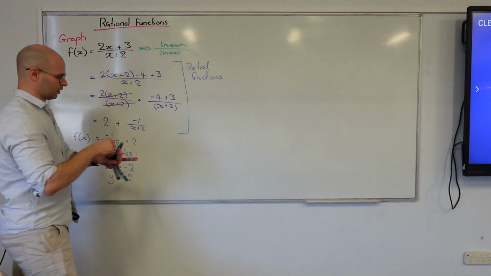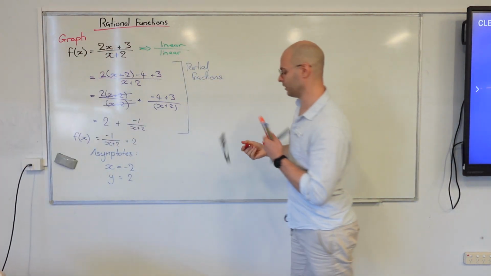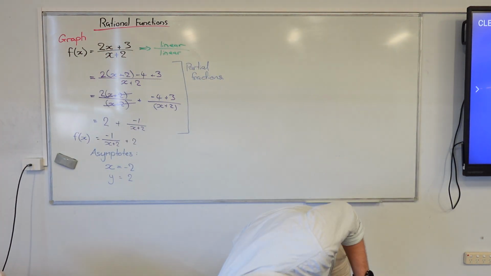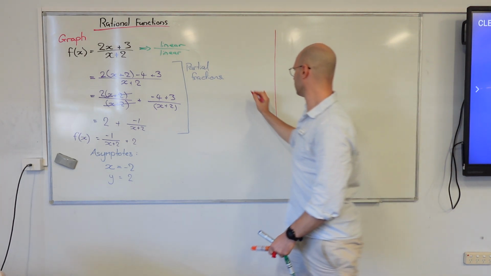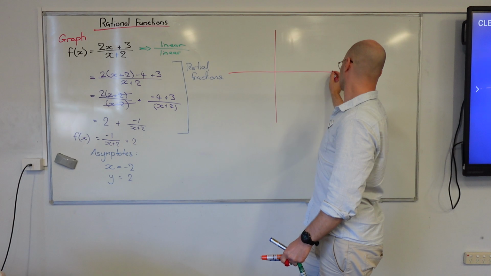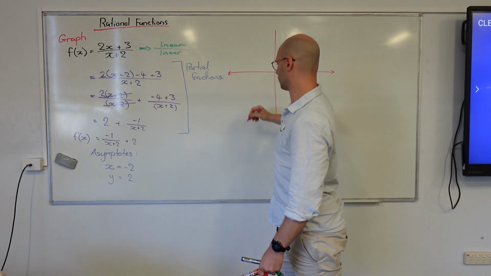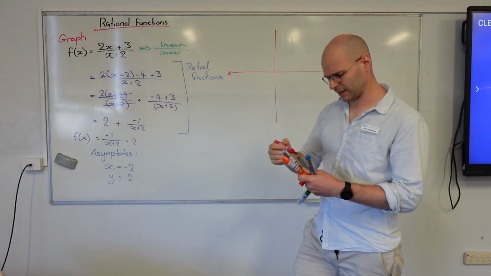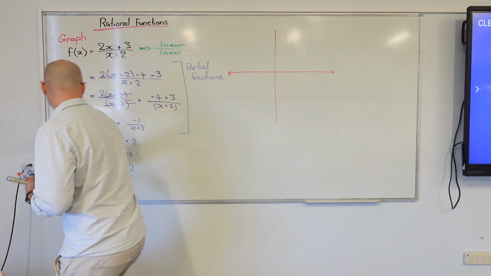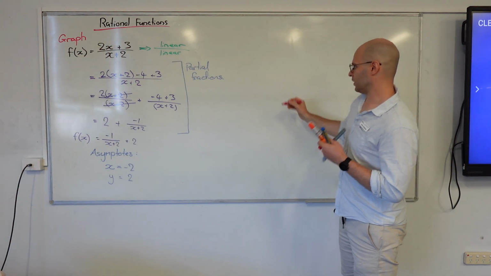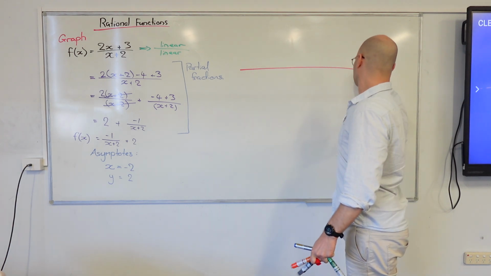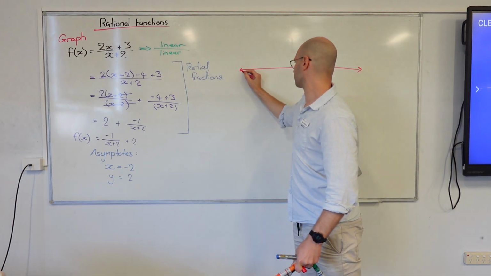Moving along. When we graph this, what we discover, and I'm only going to sketch this, and by sketch this, I'm going to take it back a notch. First thing I'm going to do is draw in my x-axis.